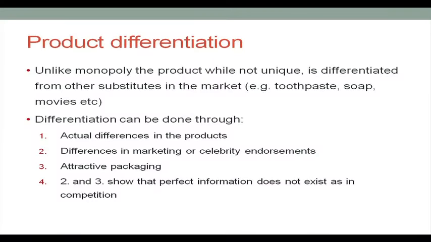So, attractive packaging. Points 2 and 3 show that perfect information does not exist as in competition. The seller is able to create differences in opinion about the product through just marketing, advertising or attractive packaging in the minds of the consumers.